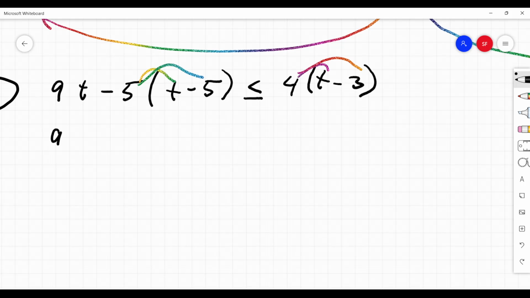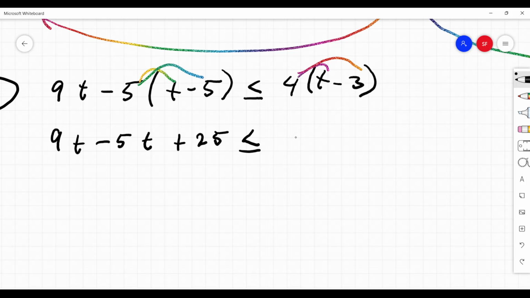Bring down the 9t because we didn't touch it. What's negative 5 times t? Negative 5t. What's negative 5 times negative 5? Positive 25, because a negative times a negative is positive.